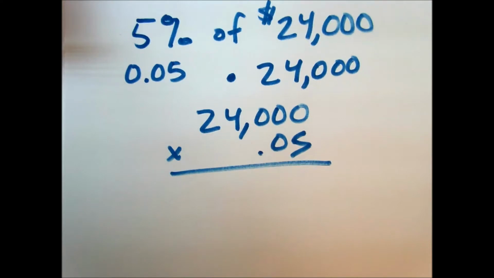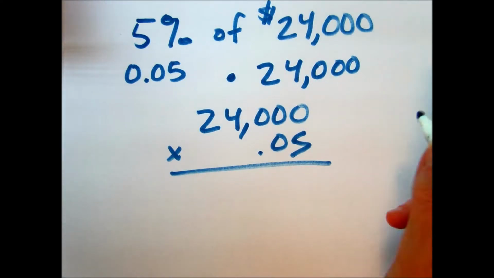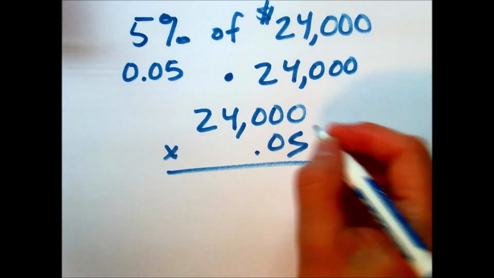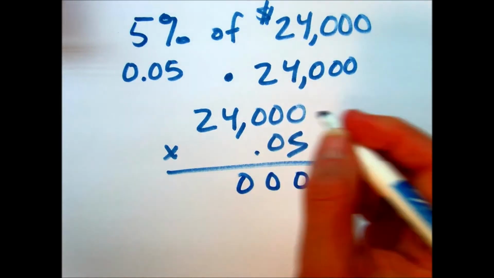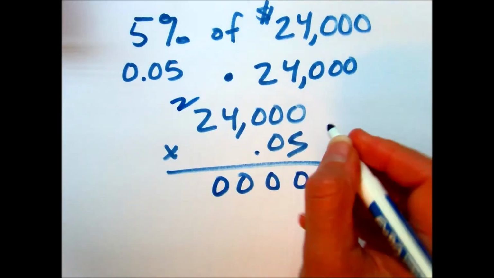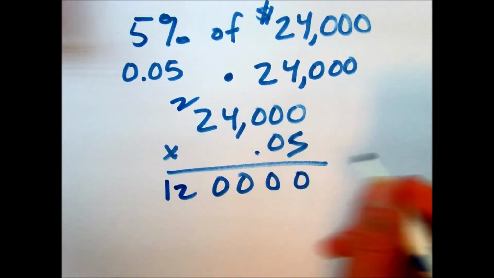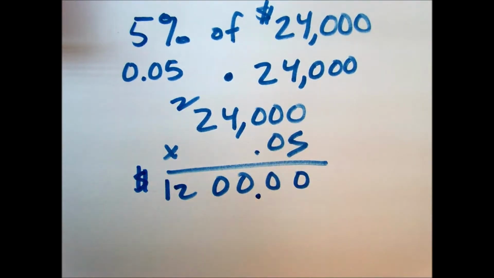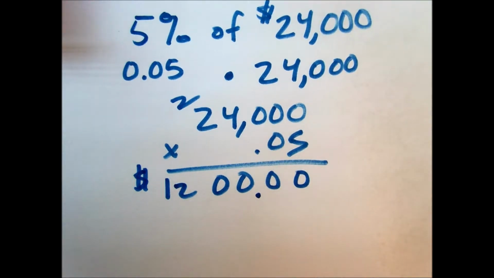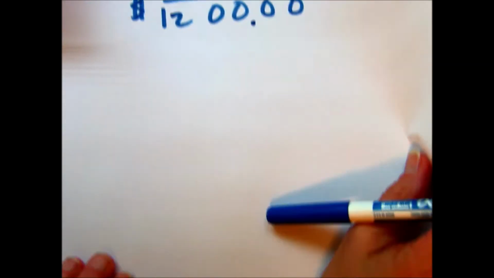I want you to show your work both on your homework and on the tests, as always. So I'll go ahead and do this. We're going to get the same thing, 12, and then, of course, with 2 decimal places, $1,200. Okay, so that's an example of commission.